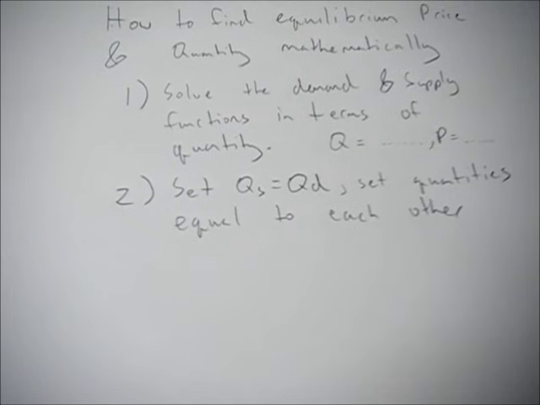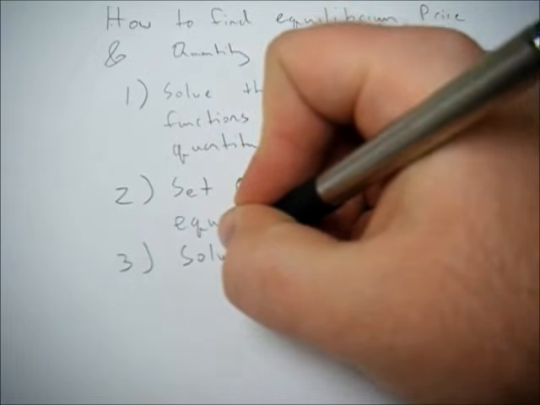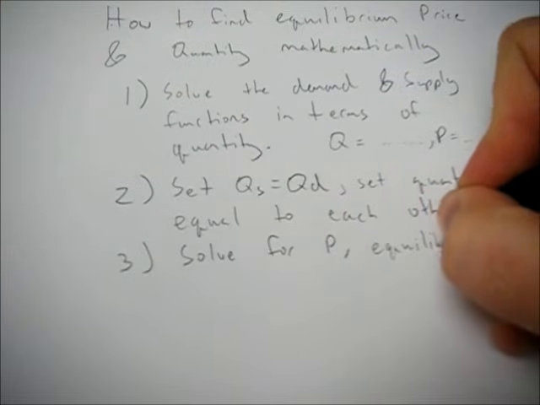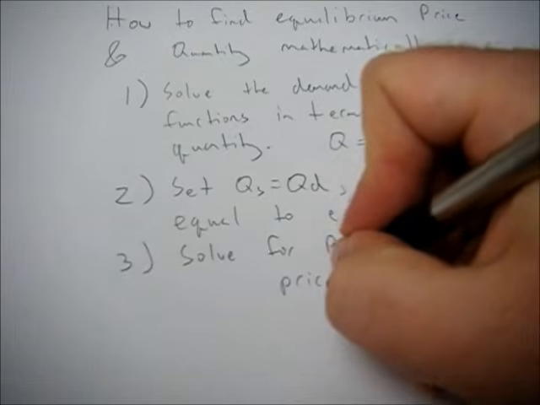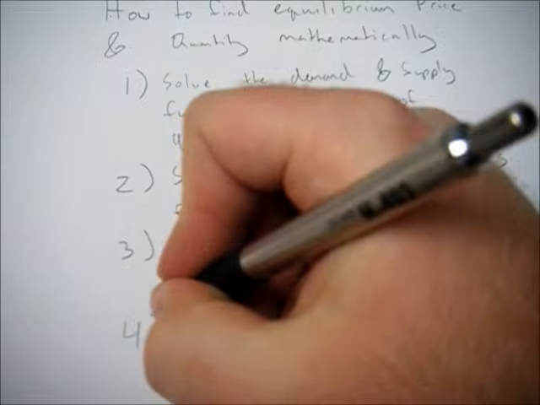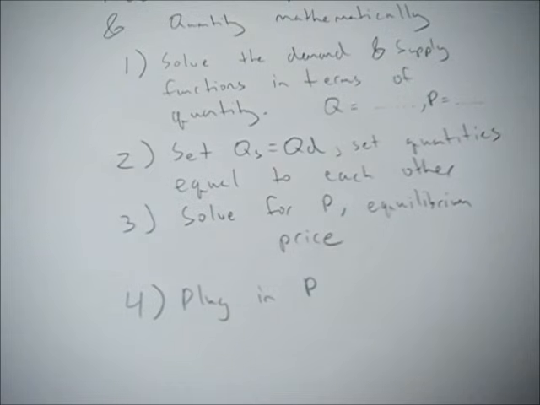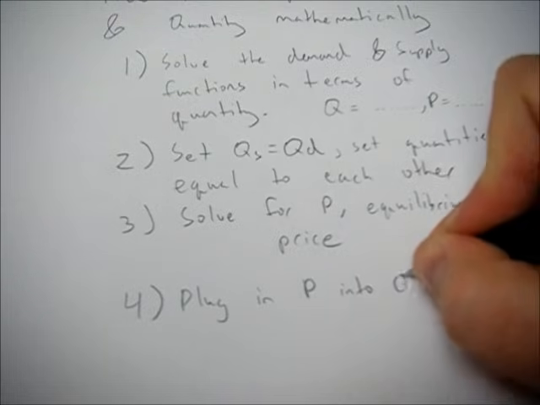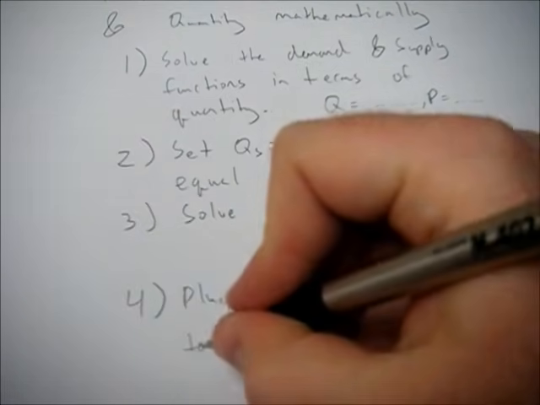The third step here is to solve for P, or equilibrium price, and the last step in this method is to plug in your equilibrium price into your quantity supplied and your quantity demanded functions to solve for equilibrium quantity.